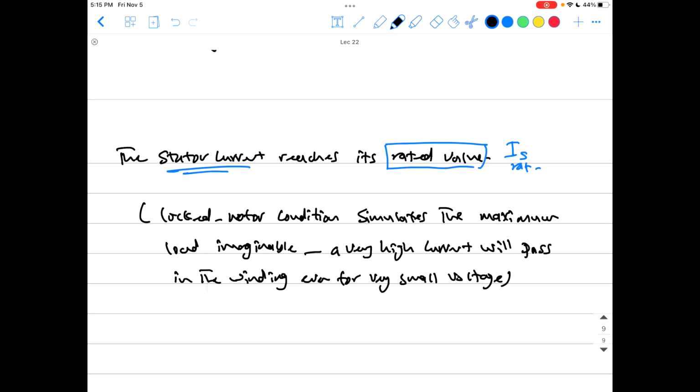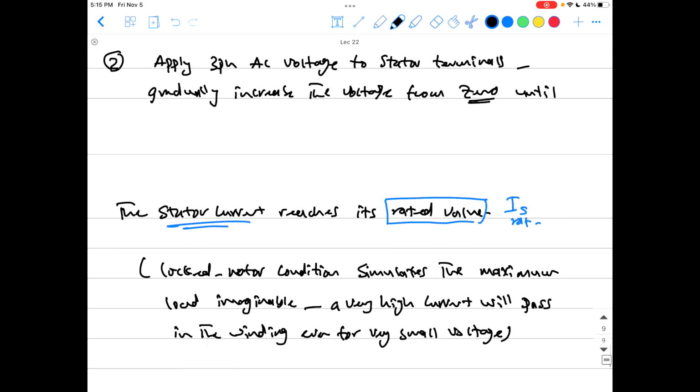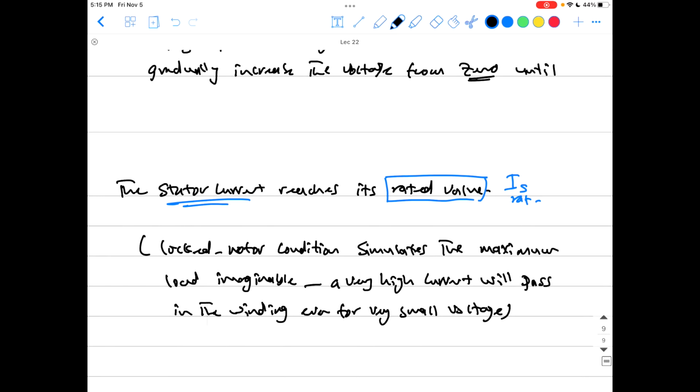And that's why I'm saying start from 0 voltage and very slowly, gradually increase the voltage applied and watch the current, because this rated value of the current will happen at very small voltage. So don't even think about starting with the rated voltage, because you will burn the machine winding.